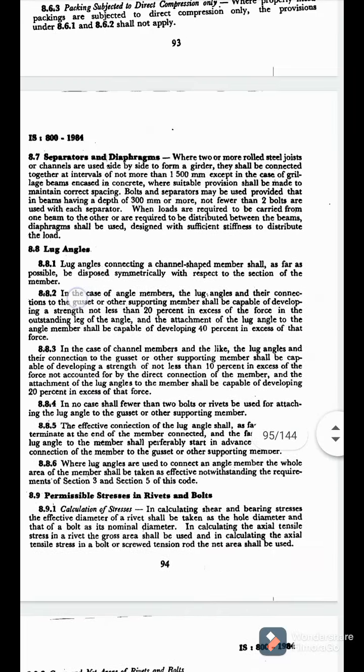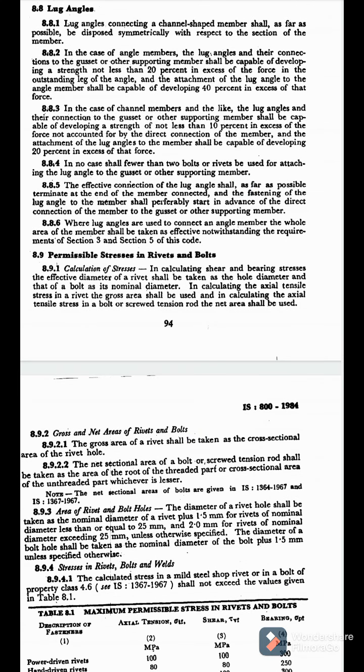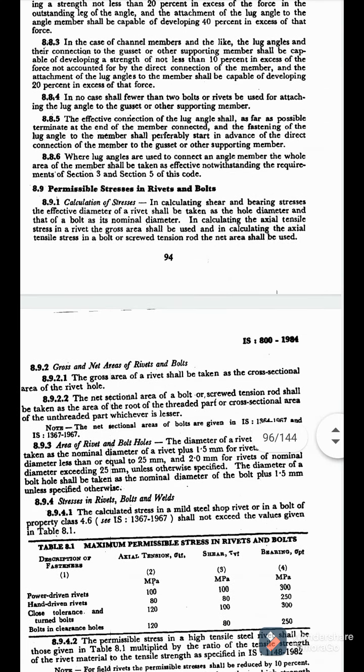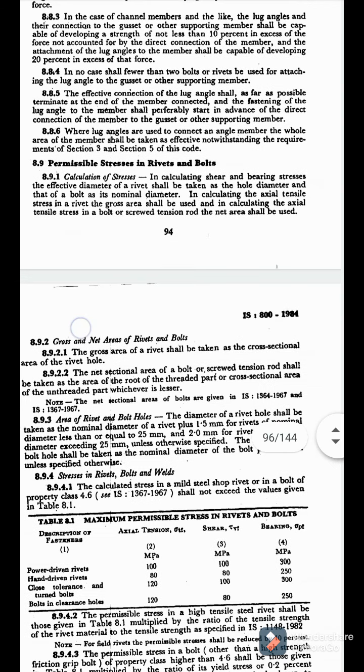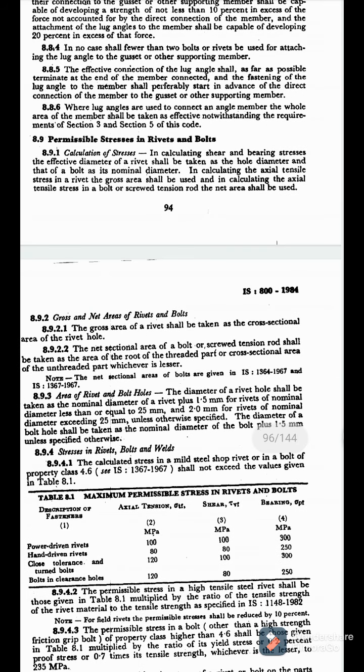Now the permissible stress of rivets and bolts. 8.9 says the permissible stresses in rivets and bolts. Calculation of stresses: in calculating shear and bearing stresses, the effective diameter of a rivet shall be taken as the whole diameter, and that of a bolt as the nominal diameter.